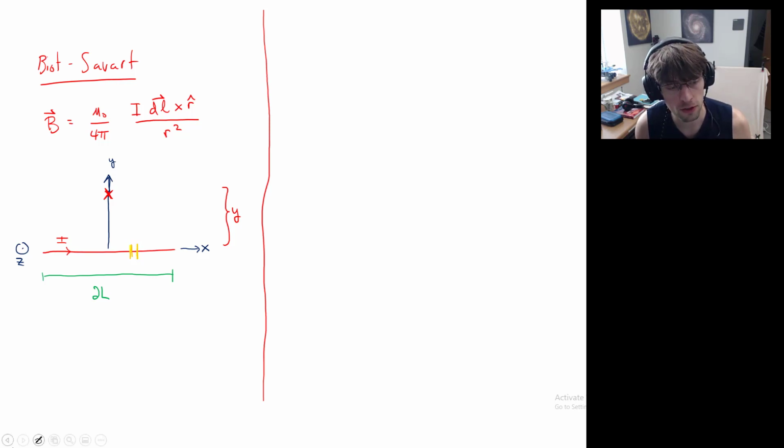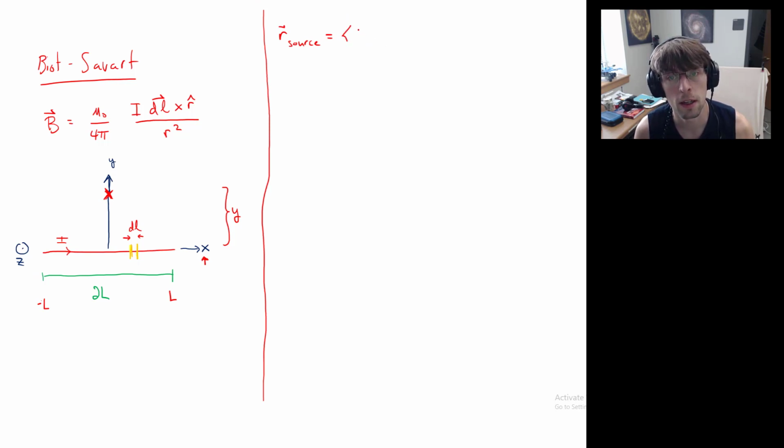We should first write down the expression getting the relative position vector between this chunk that I've indicated, this little piece of the wire, which we refer to as DL, and that field point. So we need the position of the source.